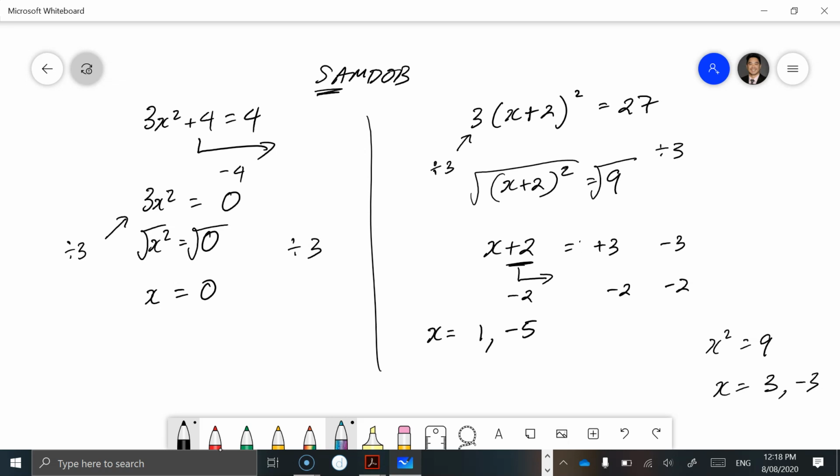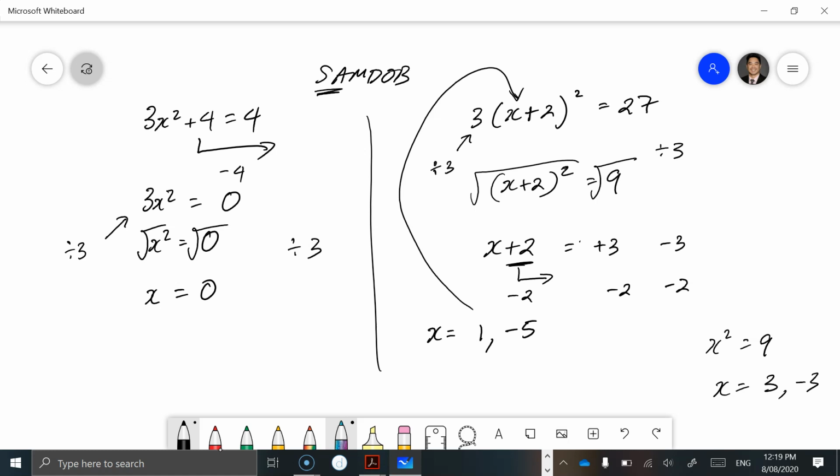If you ever want to know if you got it right or not, you can substitute it back into the original equation. And so, for example, here we took out 1. 1 plus 2 is 3. 3 squared is 9. 9 times 3 is 27. So that is true.